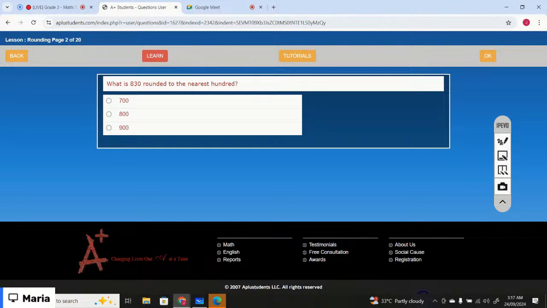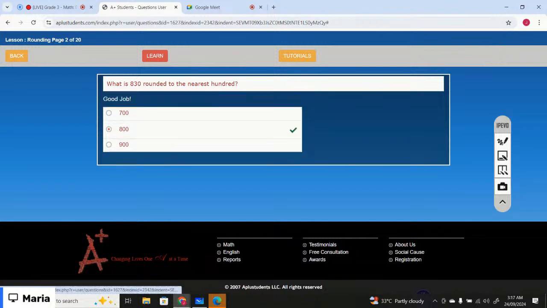So which is the correct option? 830 is rounded off to 800 it is. The correct option is 800. Option number 2 is the correct option.